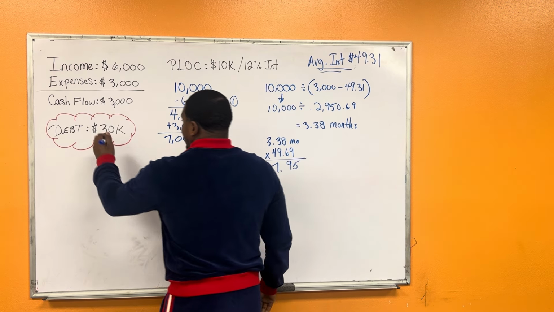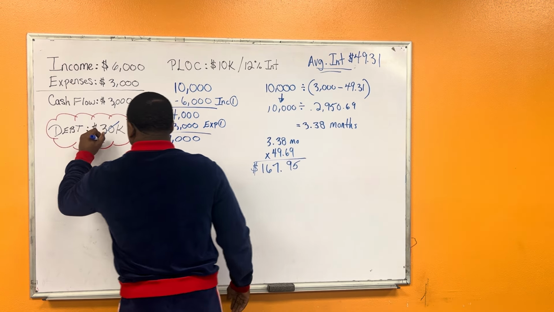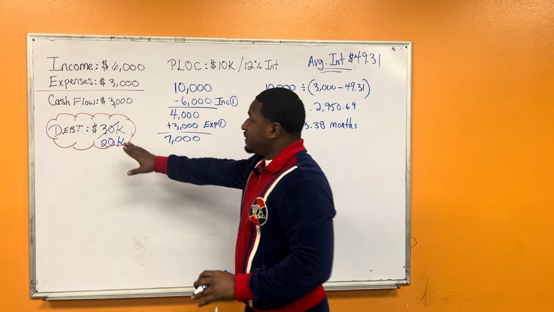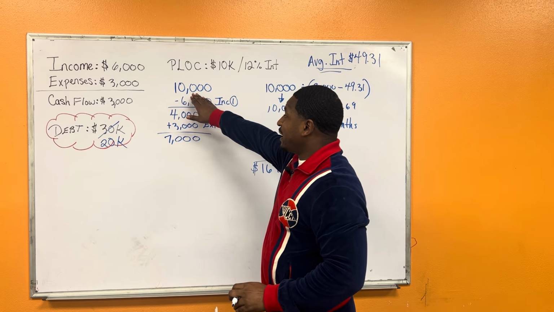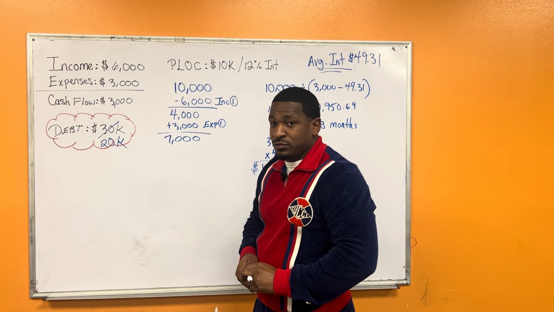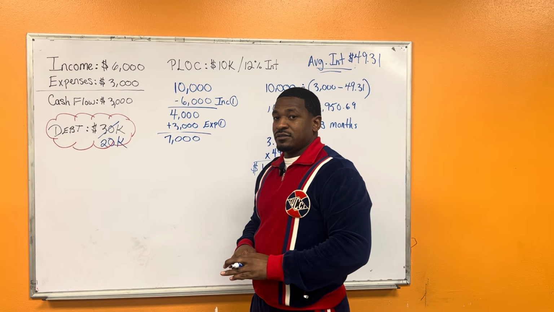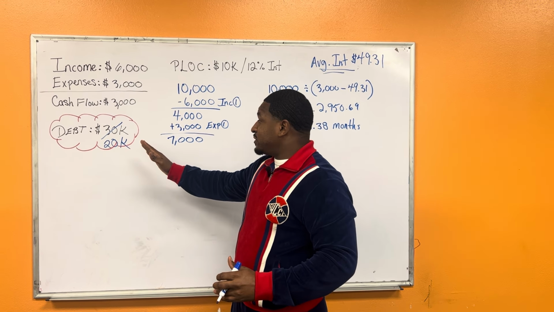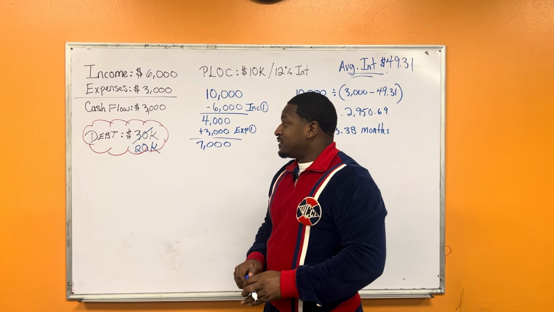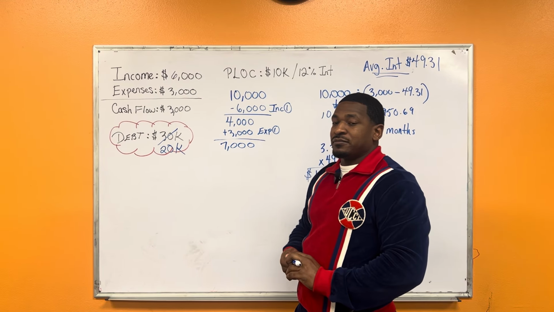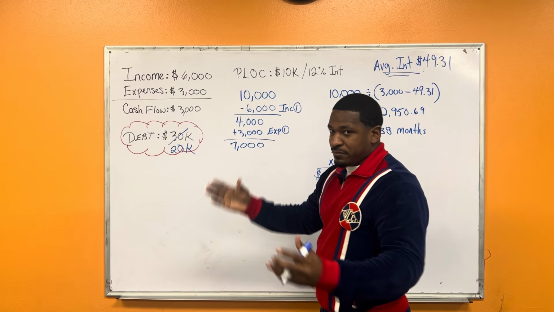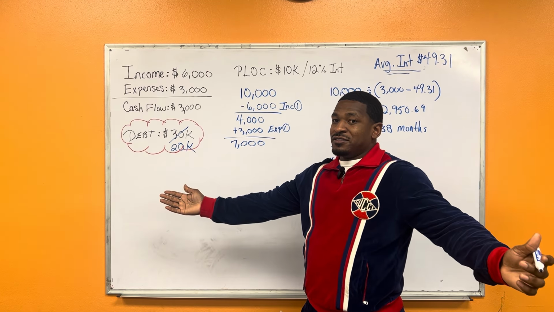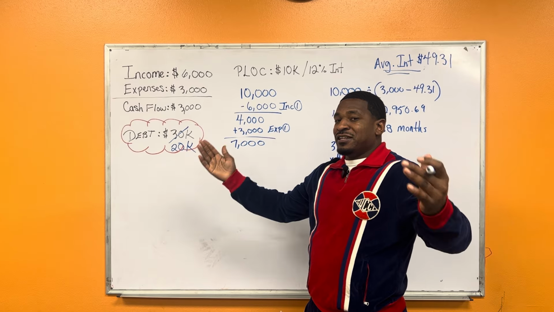So now it went from 30,000 to 20,000, because we have made a $10,000 chunk payment towards the line of credit. So with that being said, now it's time to pay off the line of credit.